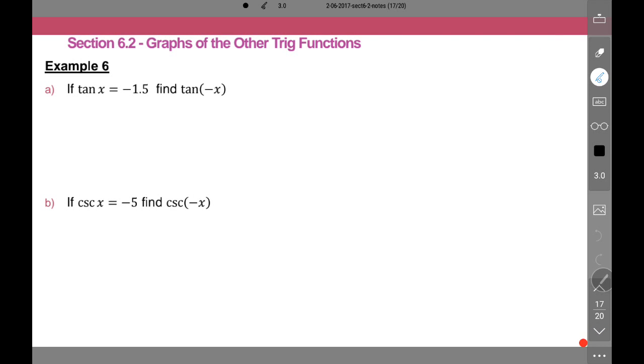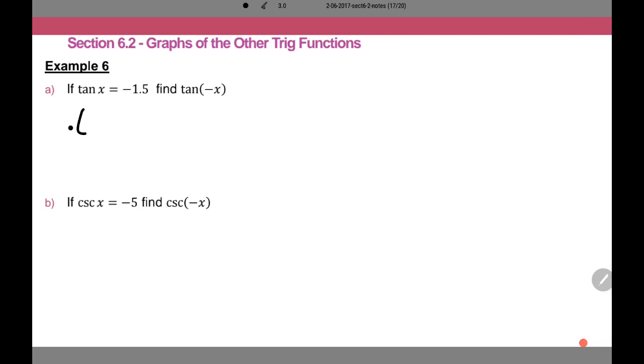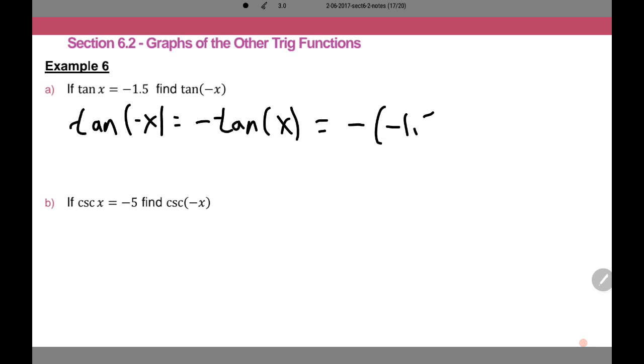Alright, so if tangent of x is -1.5, we need to find tangent of negative x. So on the last slide I had tangent of negative x, which is the negative tangent of x. So that means I need to take a -1.5, which means I have 1.5.